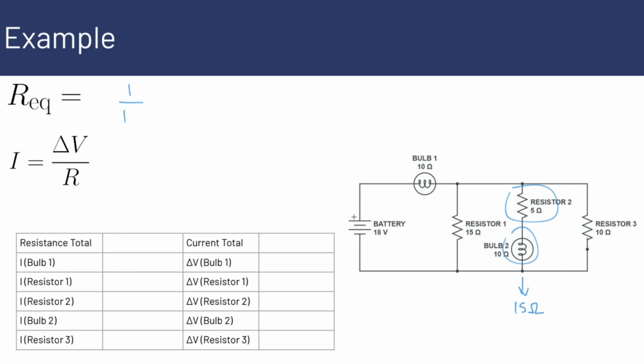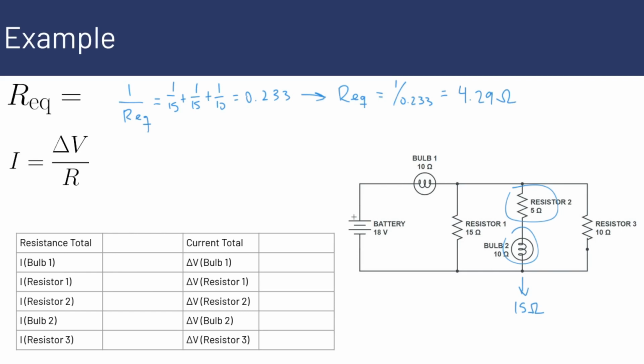So our equivalent resistance over the parallel branches is equal to 1 over 15 plus 1 over 15 plus 1 over 10, which is equal to 0.233. So the equivalent resistance for the parallel branches is equal to 1 divided by 0.233, which is equal to 4.29 ohms.